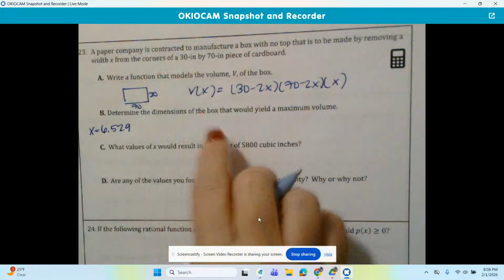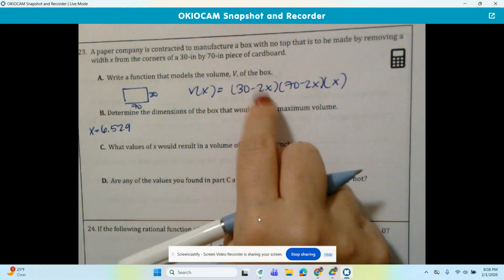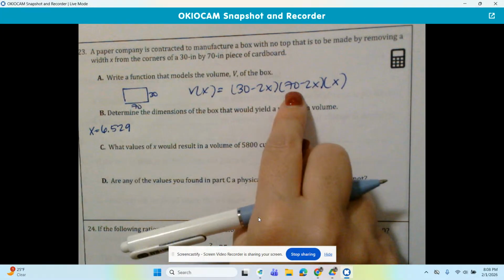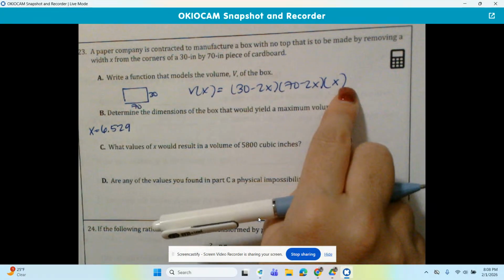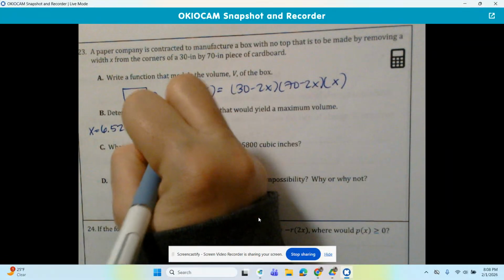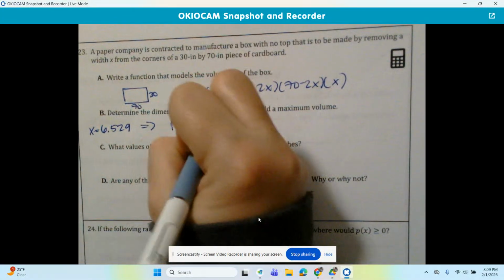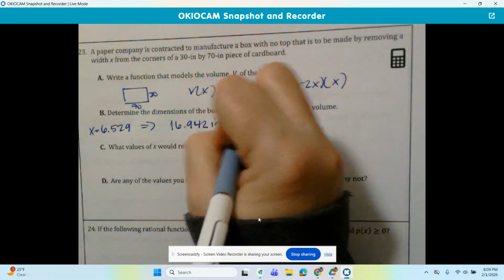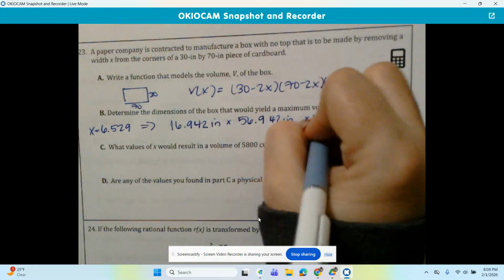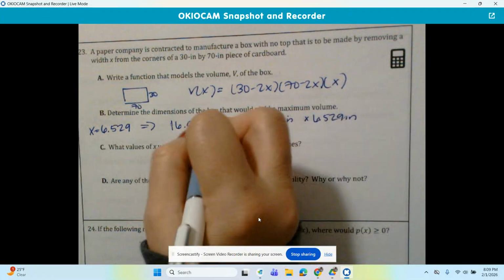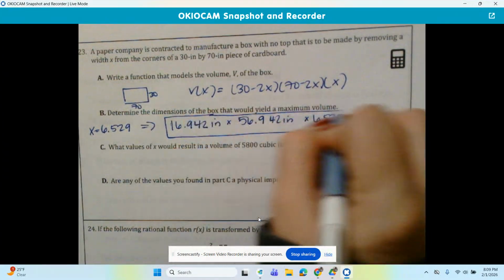So then I would plug that in here. So 30 minus 2 times 6.529, 70 minus 2 times 6.529, and then 6.529. So that's going to give me, if you did those calculations, 16.942 inches by 56.942 inches by 6.529 inches. So those are our dimensions.